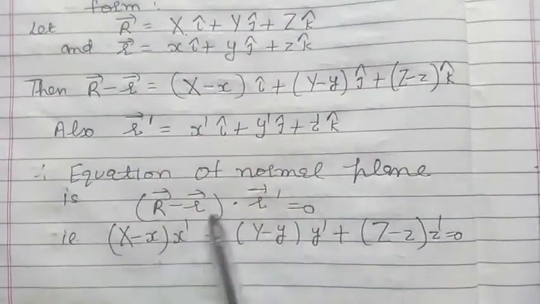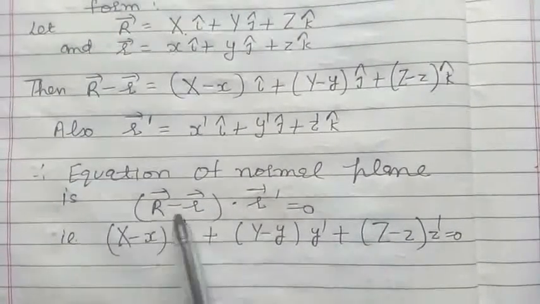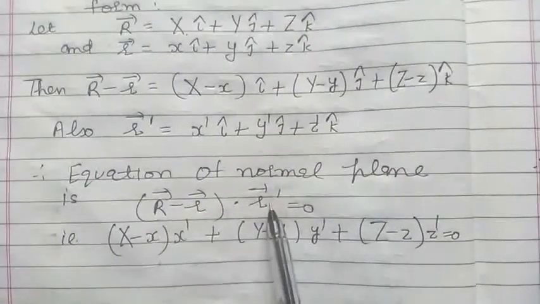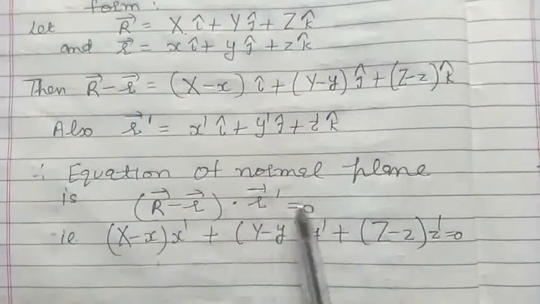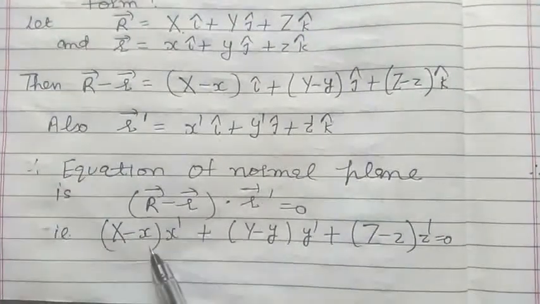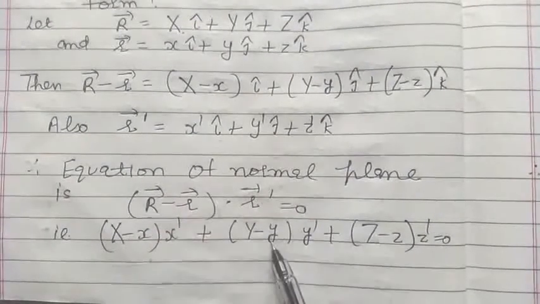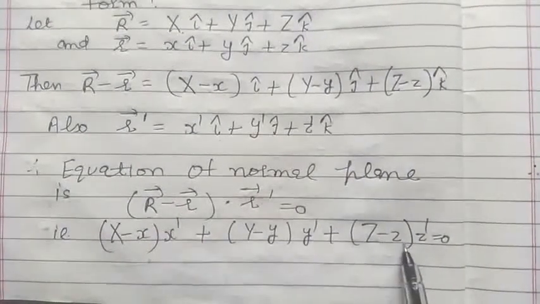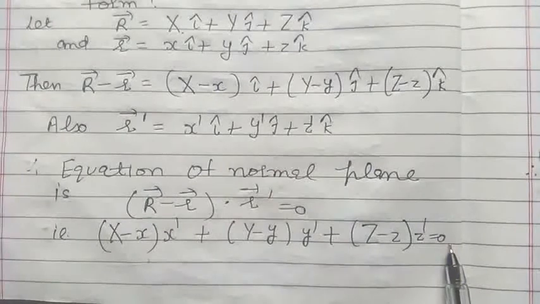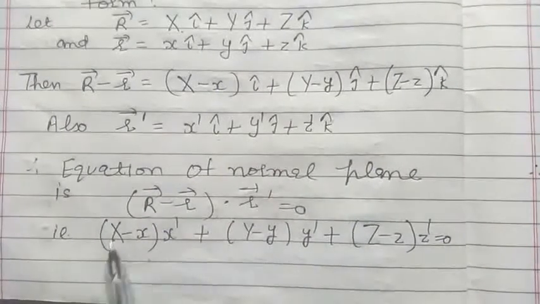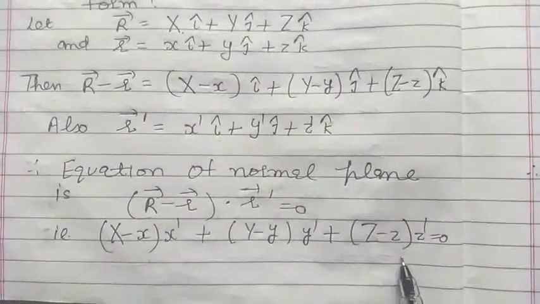So substituting the values of the two vectors R minus r and r dash and taking the dot product equated to 0, we get the equation of the normal plane, which is given by (X minus x) into x dash plus (Y minus y) into y dash plus (Z minus z) into z dash is equal to 0.